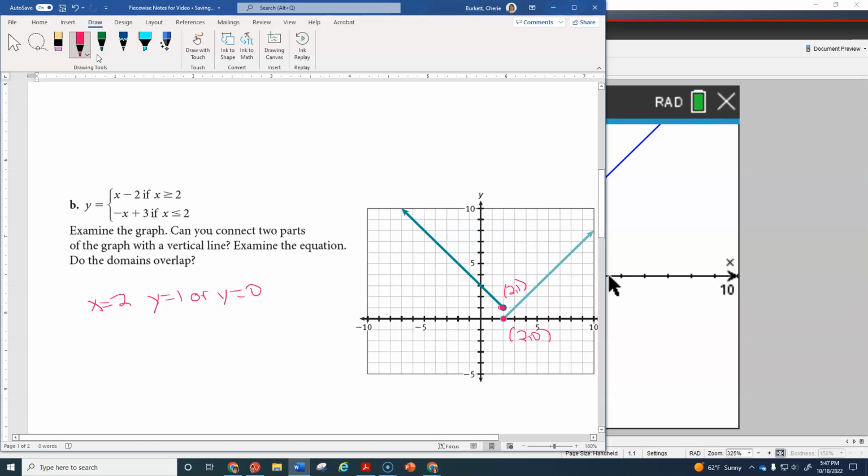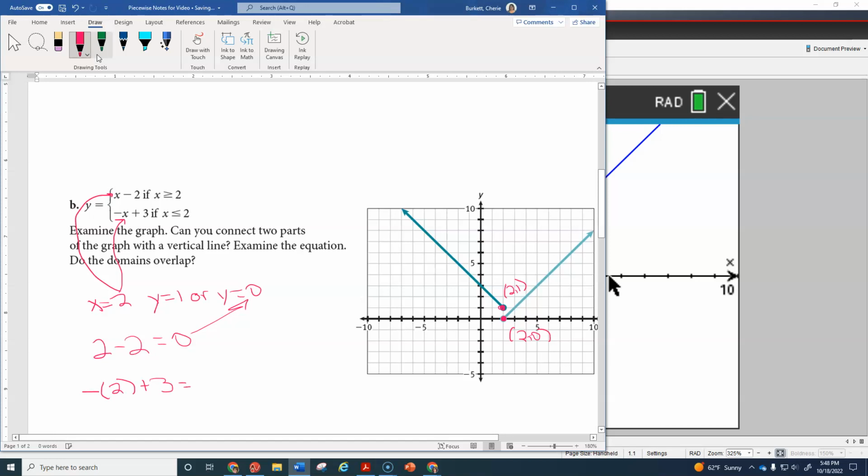That's happening because this one was not a function. When it has functions, I don't have 2 answers. Algebraically, what would happen is I would have to plug 2 into both of them. So when I say 2 minus 2, that's where I get 0. And then if I plug in 2 right there, the negative sign, I plug in the 2, and then I do plus 3.